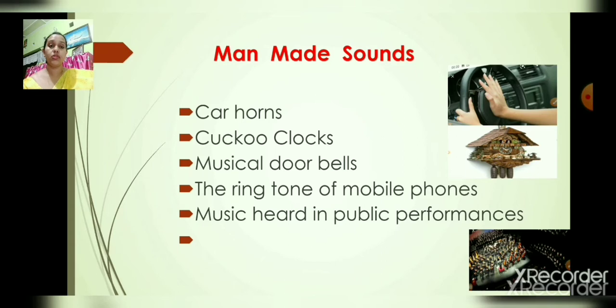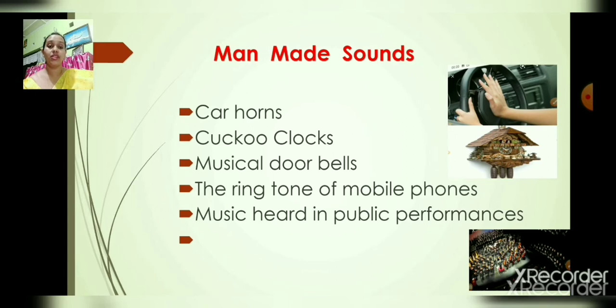Next one, musical doorbells. The ringing tone of mobile phones. Yes, the ringing tone of mobile phones. All these are man-made sounds.